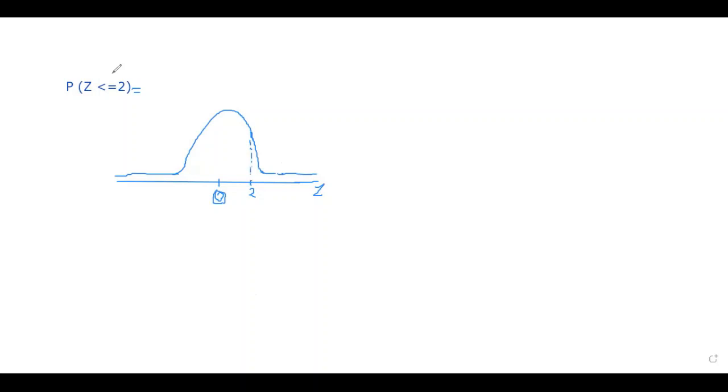I said, for instance, the mu here is 0. I'm not saying the mu is 0. The theory is saying that for every standard normal distribution, the mu is 0 and the standard deviation is 1. So get that for once. I'm not saying it's 1, the theory is saying that.